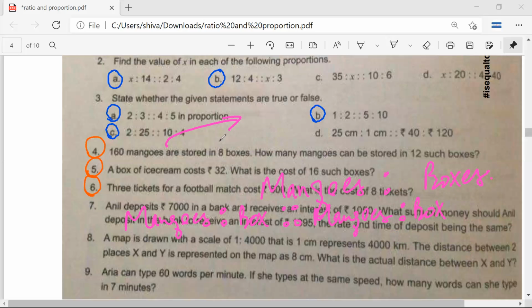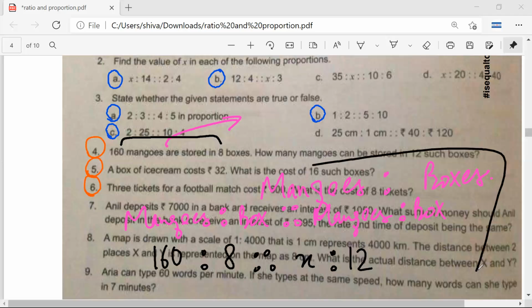So 160 mangoes are in 8 boxes. I will write 160 is to 8 is equal to x is to 12. Mr. Satya, any doubt? No, sir.